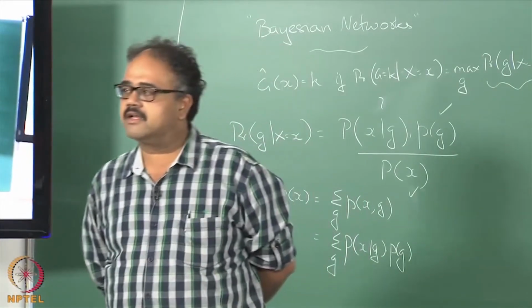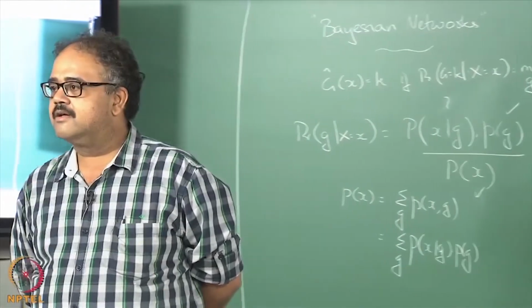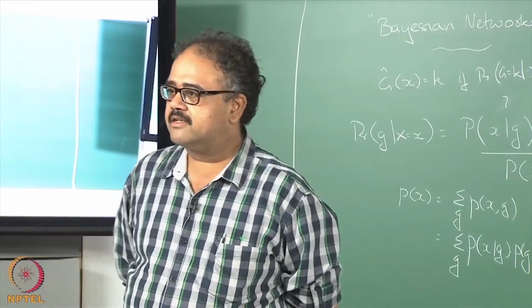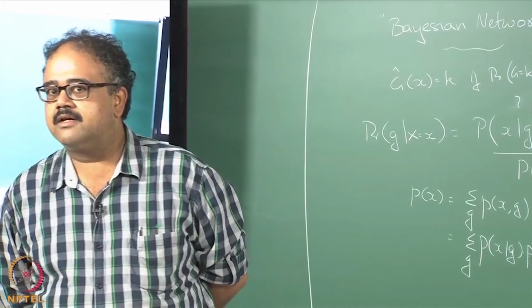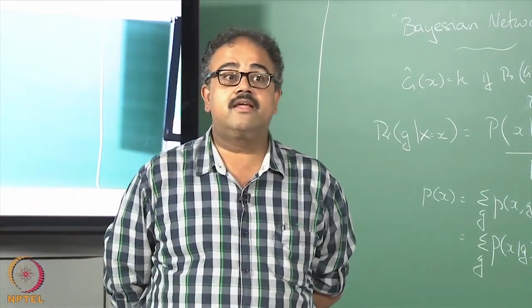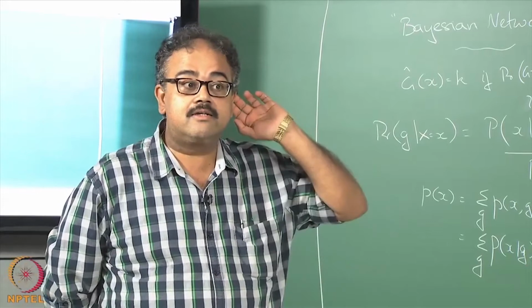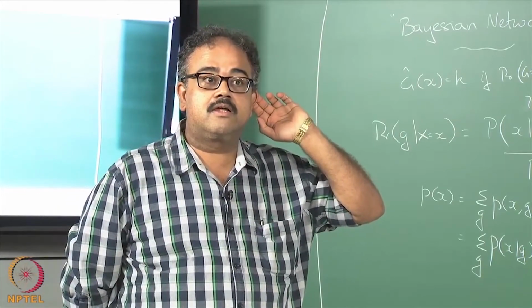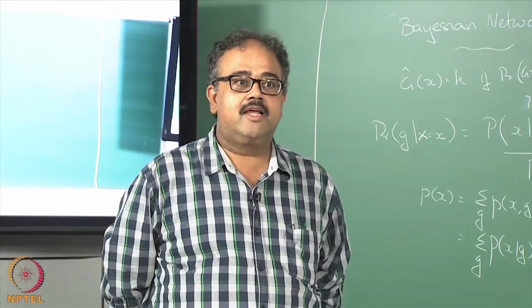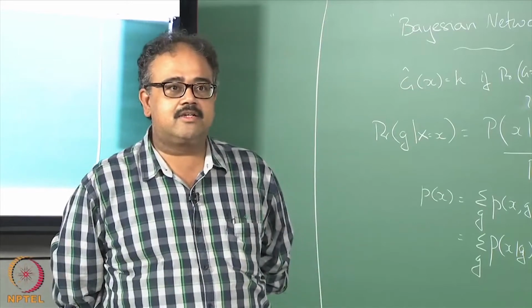Why is it wrong? What do you know about the Gaussian? The values close to the mean will have more probability. Close. So what does it mean? It is unimodal, right? The Gaussian is unimodal.